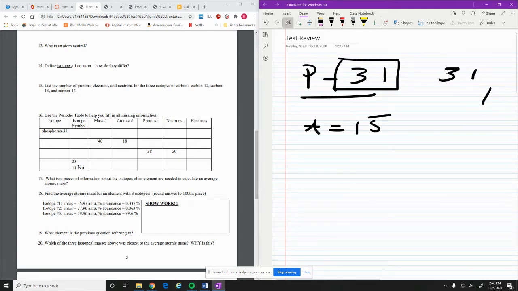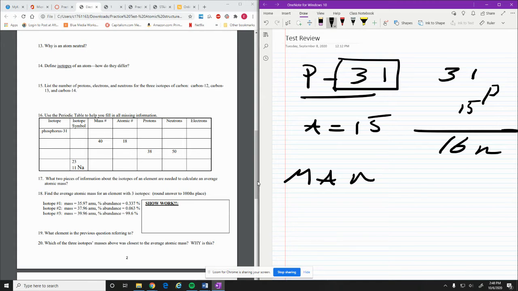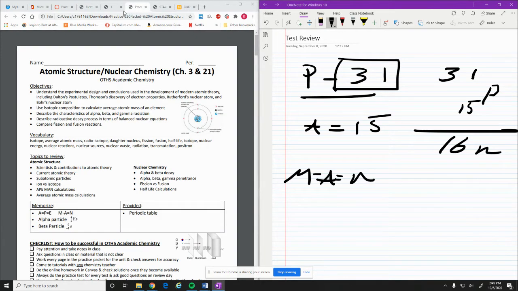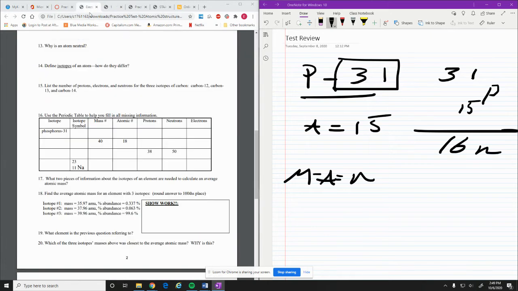Neutrons, well, if your mass is 31 and your protons, your atomic number, is 15, you just do 31 minus 15, and that's going to be 16 neutrons. Remember, you can do MAN. So mass minus atomic is equal to neutron. And if you forget that before the test, APE MAN, you can go back to that and look at it.